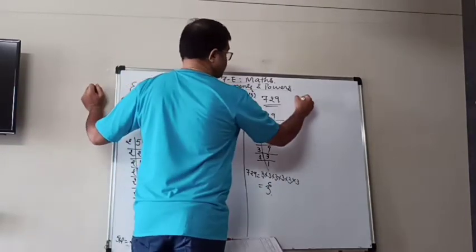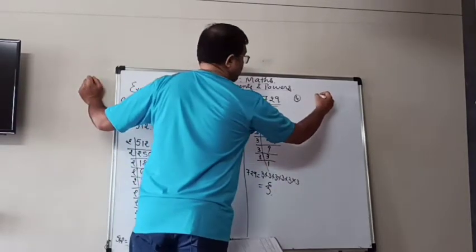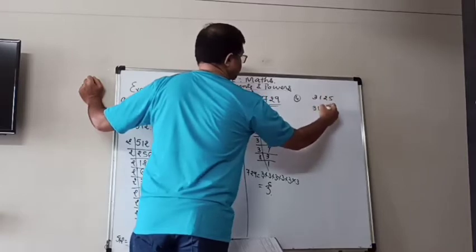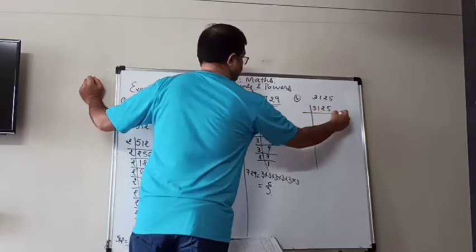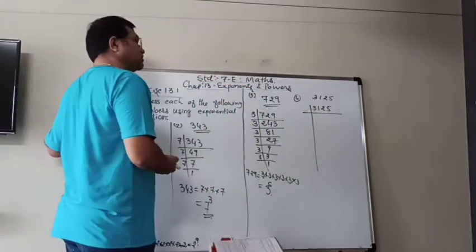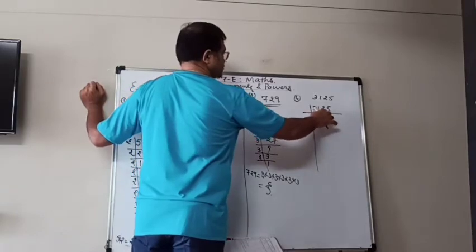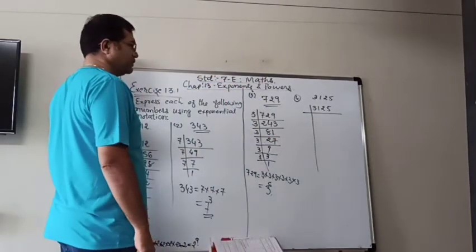The fourth one is 3125. So let's find the prime factors. Let's first check the divisibility by 3. 3 plus 1 is 4, 4 plus 2 is 6, 6 plus 5 is 11, so it is not possible.